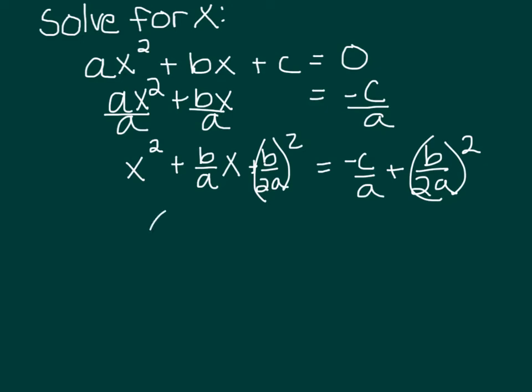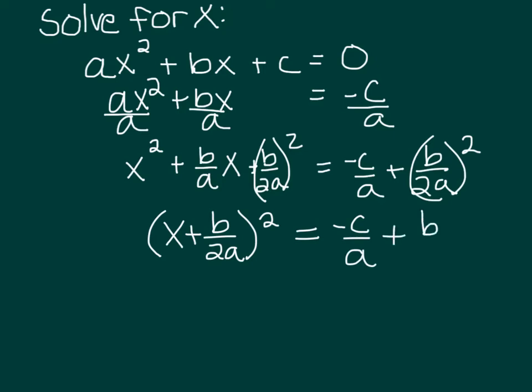On the left, we can factor that to x plus b over 2a all squared. And on the right, we can simplify a little bit. This is going to be negative c over a plus b squared over 4a squared. And in order to add my fractions, I need a common denominator. So that means that if I'm going to square this a, I need an a up here.